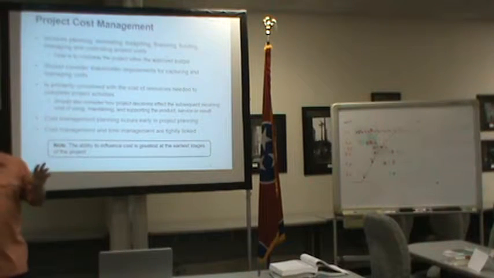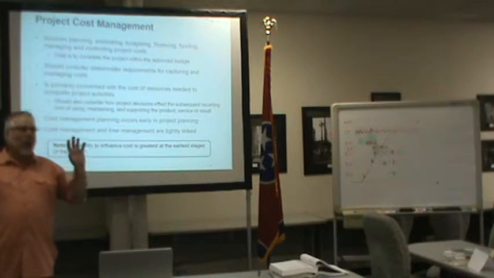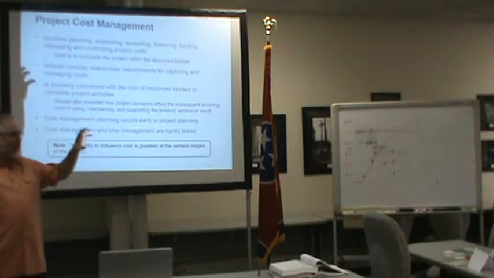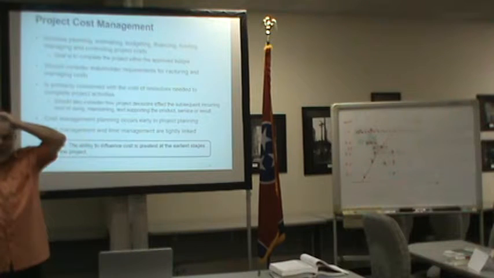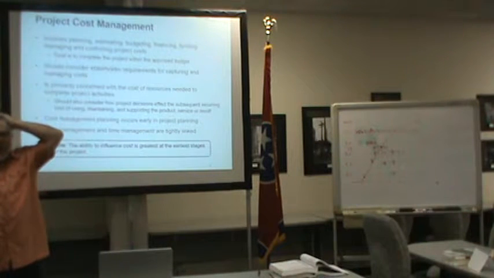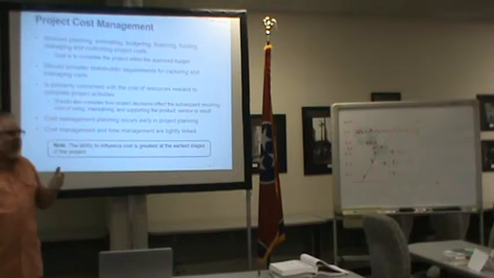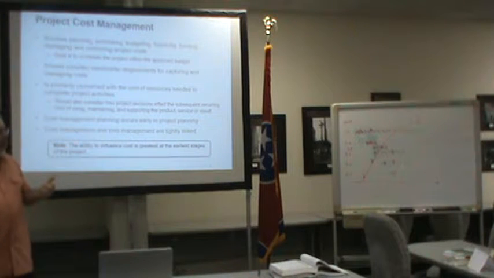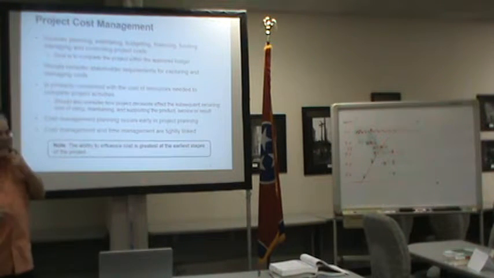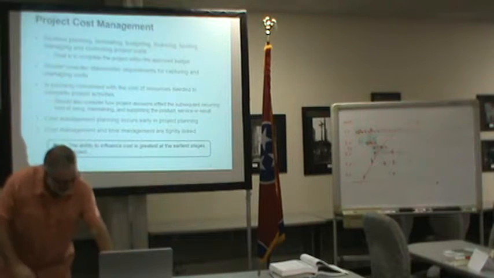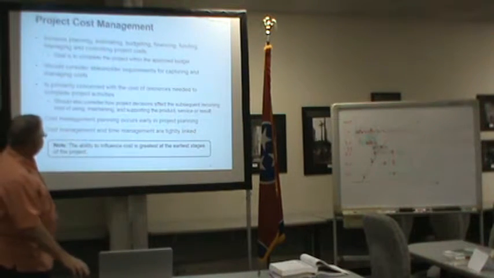I understand we haven't discussed quality or risk as a separate knowledge area yet, but you can intuitively think, oh yeah, I can see how crashing a schedule might impact quality management, right? Right. Thank you.